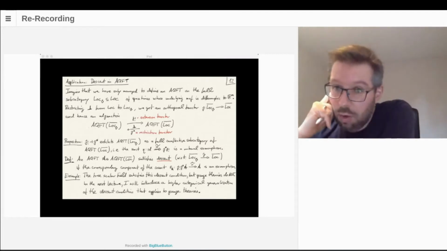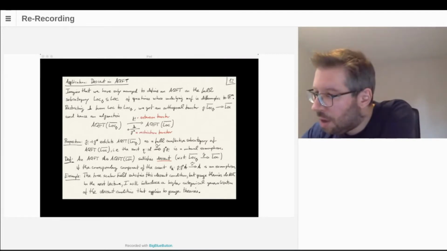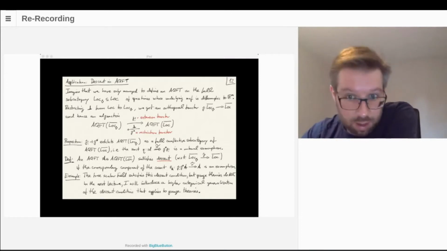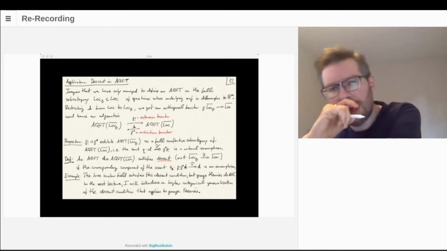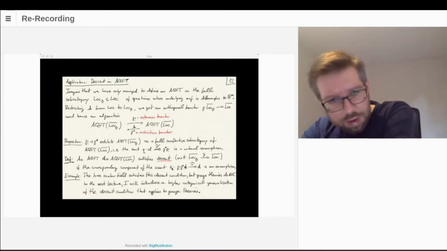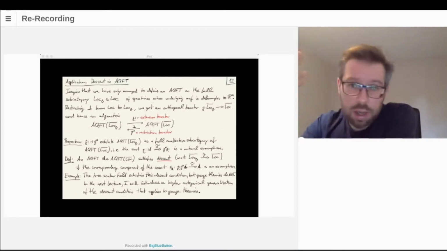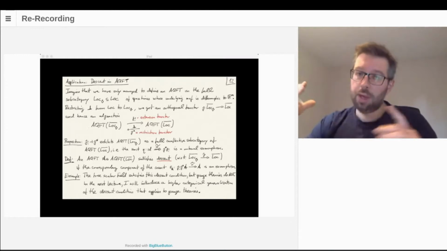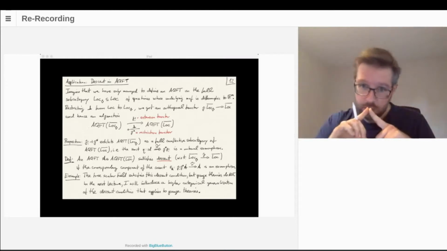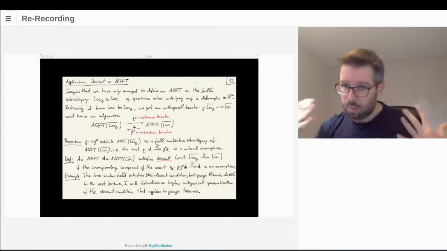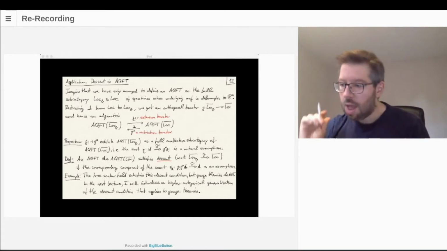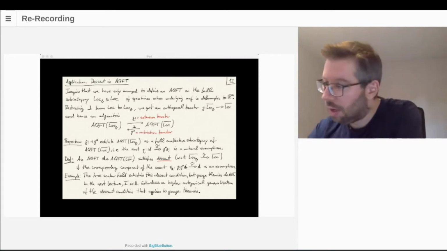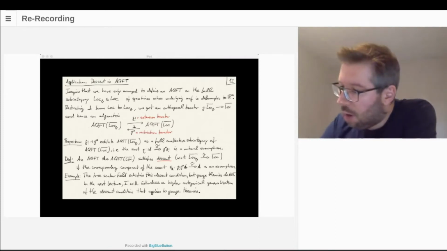And one can now use this adjunction to give a definition of what one means by descent for AQFTs. This descent condition in words should say something like, it is a quantum field theory on all spacetimes which is fully determined by what it assigns to diamond spacetimes. This is what the descent condition should pictorially mean, and we can now formalize that using this adjunction. How to do that?